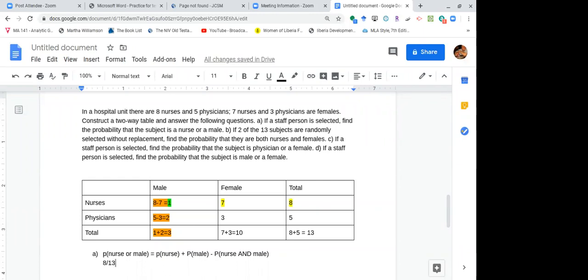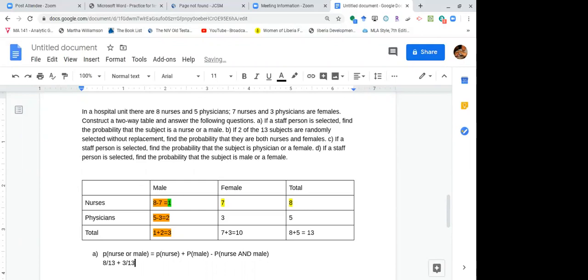A probability is a fraction or a decimal between 0 and 1. So the probability of being a nurse is 8 out of 13. The probability of being a male is 3 out of 13, so you get plus 3 out of 13.